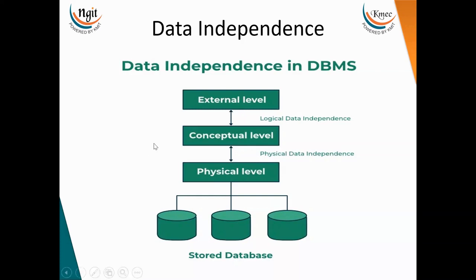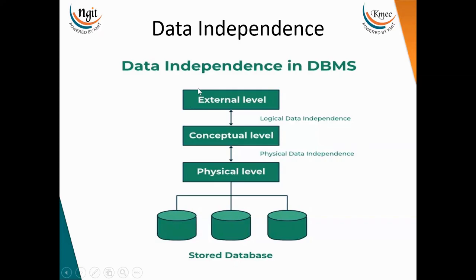In order to fulfill the requirement of the end users in accessing the data, the details must be separated from them. Why? It is because of data independence; the name itself suggests the data is to be independent from the users.